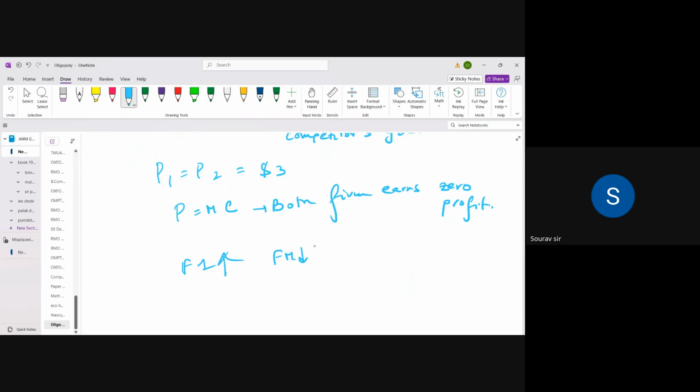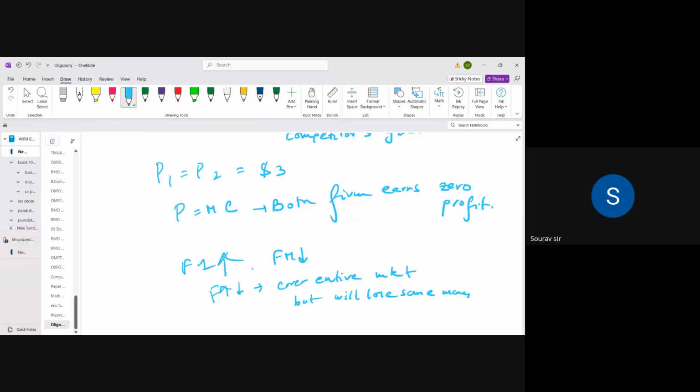Now if instead it lowers its price, it will get the entire market but will lose money on every unit it produces. Therefore, the firm has no incentive to deviate. It is doing the best it can to maximize profit given what its competitor is doing.